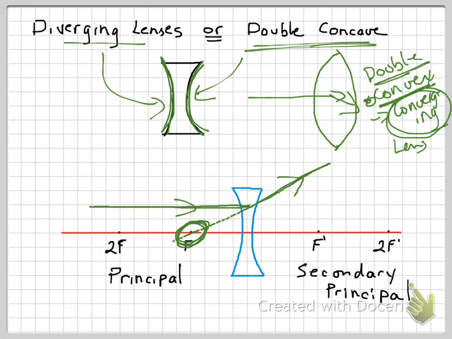Another ray you can draw is a ray that's going to come in. We'll draw this one in purple. This ray is going to go in such a way that it's going to go through the focal point on the secondary side. Now, on the secondary side, it is virtual. That's a virtual line.